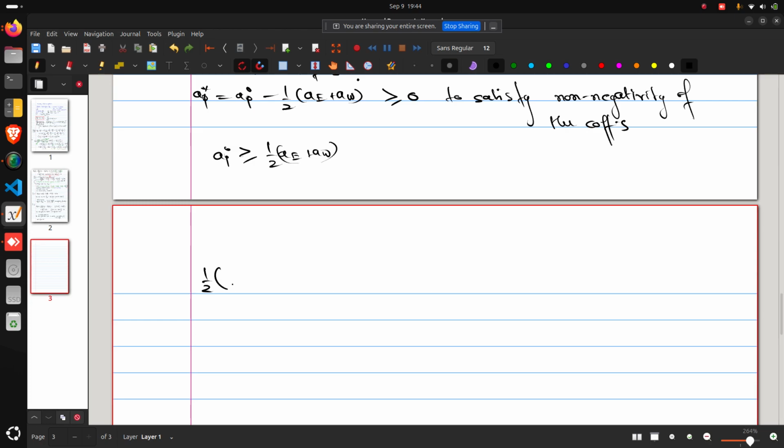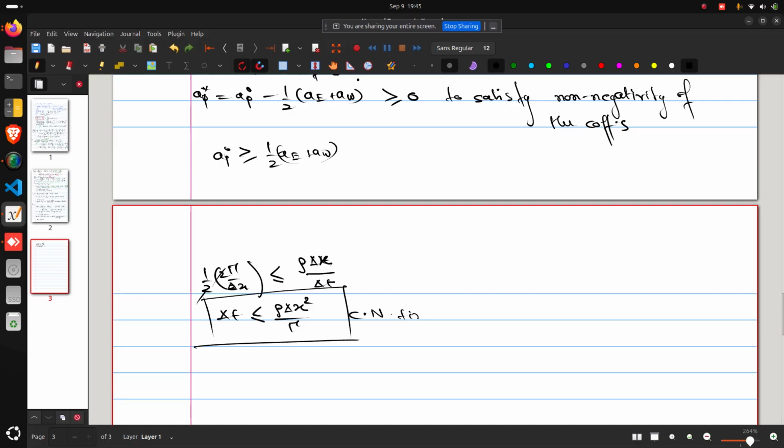Half of AE is nothing but gamma by delta X. So 2 gamma by delta X should be less than or equal to rho delta X by delta T. Again taking the T on the left hand side, delta T should be less than or equal to rho delta X square by gamma. Okay, this is for the case of Crank-Nicolson time stepping.